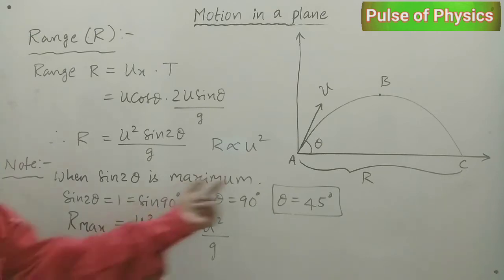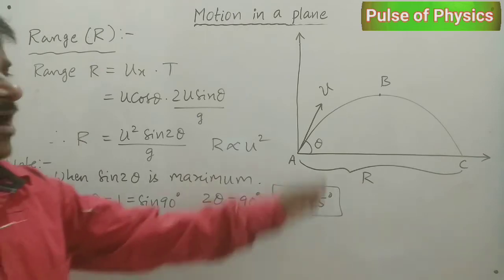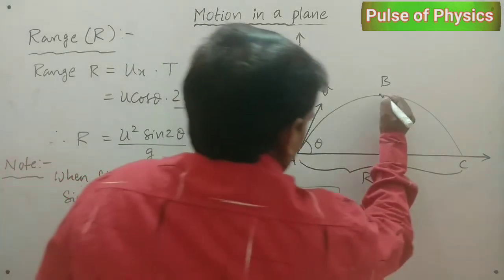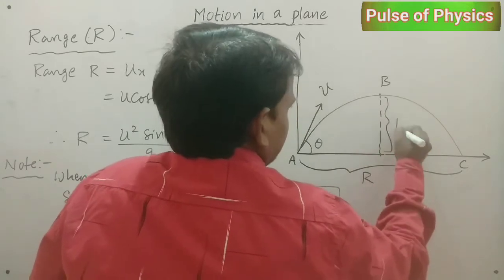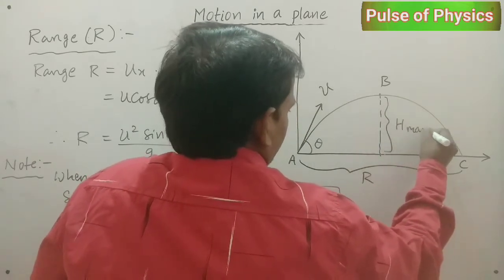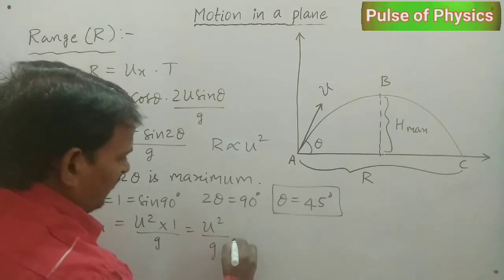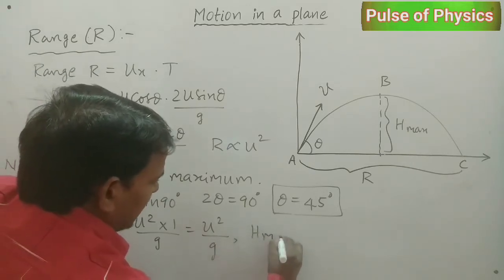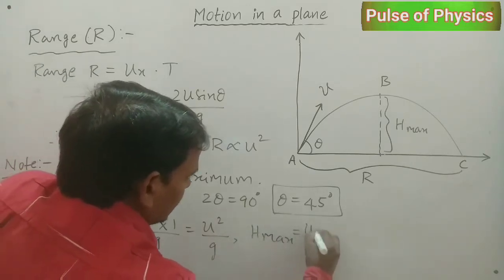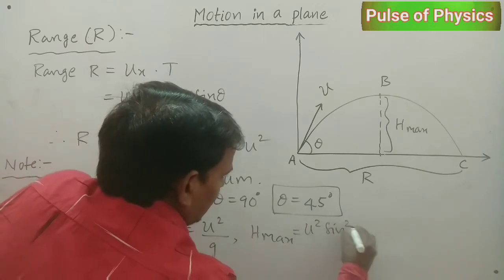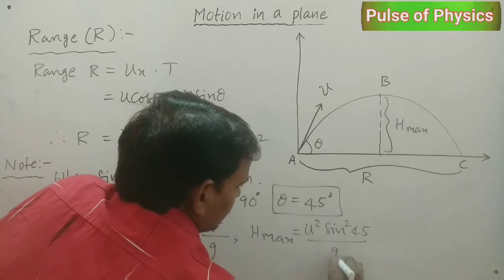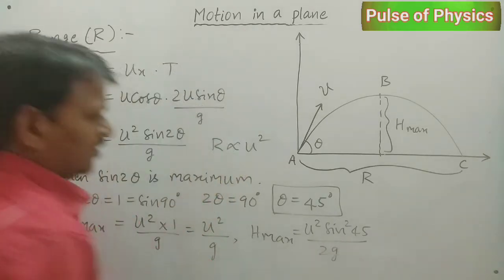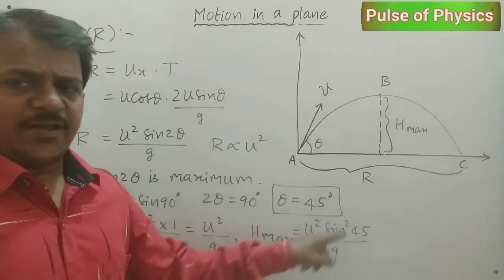In this same case of 45 degrees, what is the maximum height reached by the body? We will check. You see this is H maximum. The H maximum formula is u square sin square theta by 2g. Then what will we get here? Sin 45 is 1 by root 2, then sin square 45 is 1 by 2.